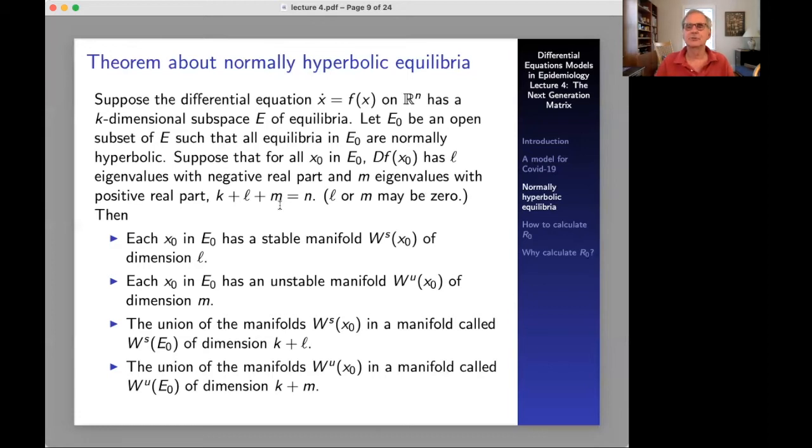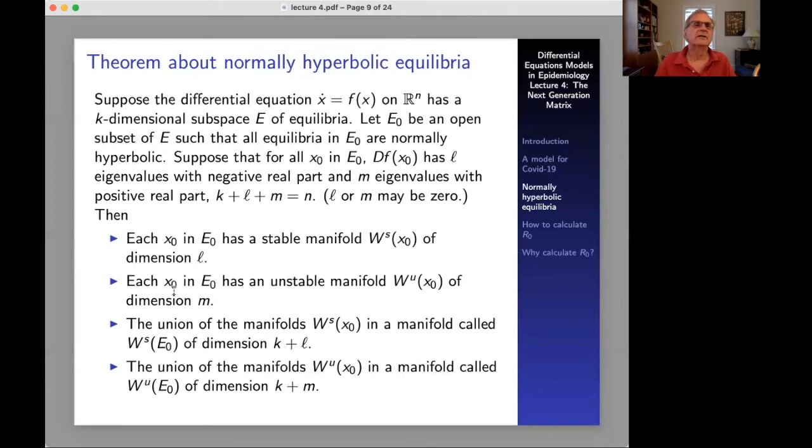Then what are our conclusions? First, each x naught in E naught has a stable manifold, Ws of x naught, of dimension L, the number of eigenvalues with negative real part. The stable manifold consists of solutions that head toward the equilibrium x naught in future time.